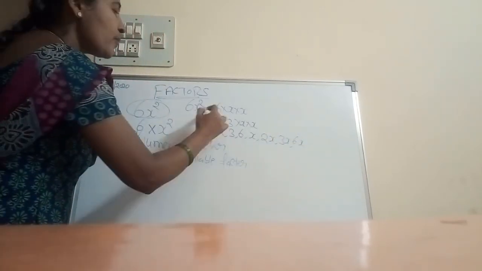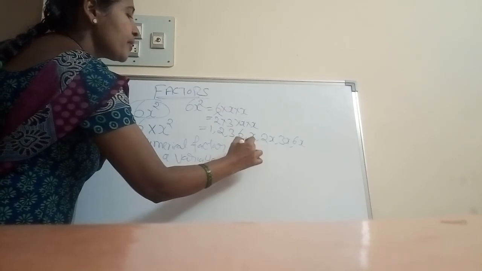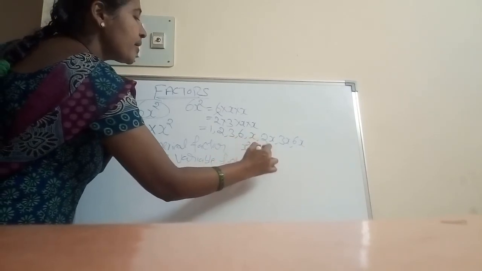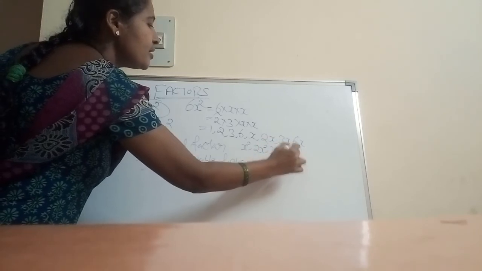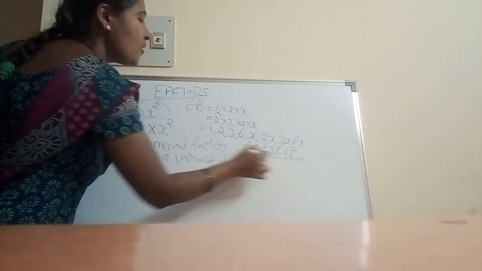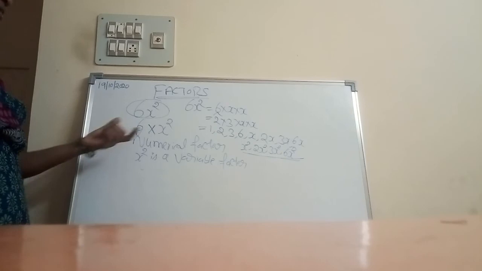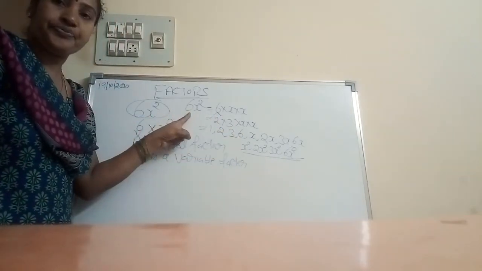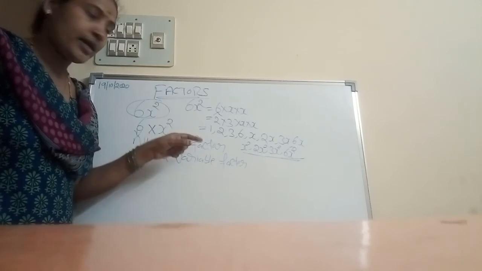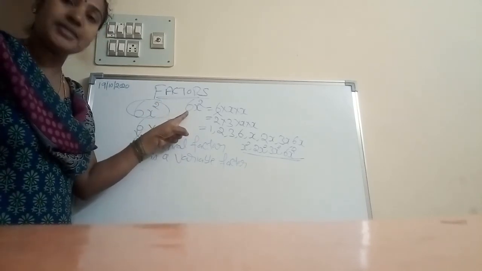Then x square is a factor, 2x square, 3x square, and finally 6x square. So these are all the factors, children. When we multiply the factors, we will get the term 6x square.